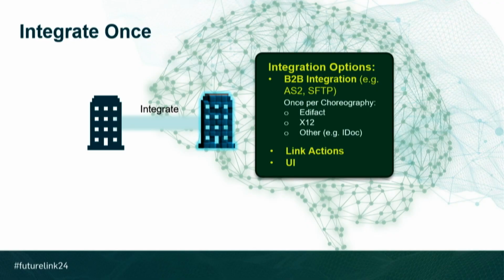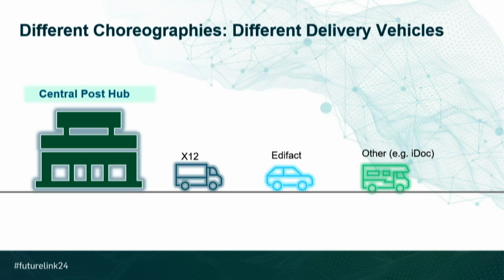For B2B integration, this is done once per choreography. What we mean by choreography are the EDI formats such as Edifact, X12, or other like IDOC. So, coming to our post office analogy, these different choreographies are represented by different delivery vehicles for the post office.